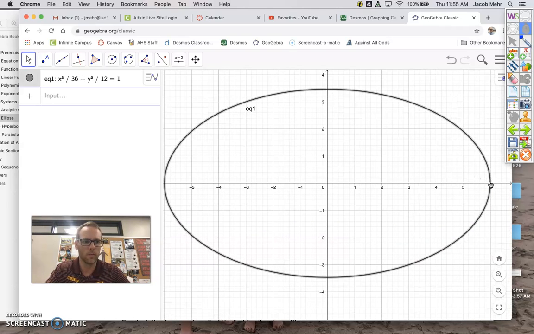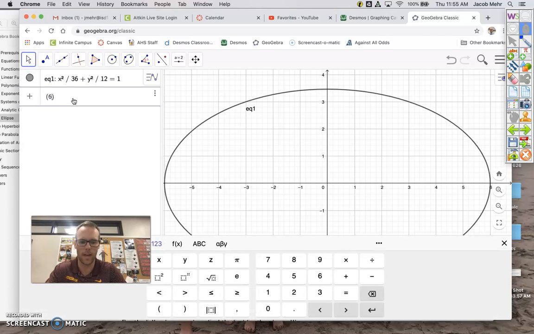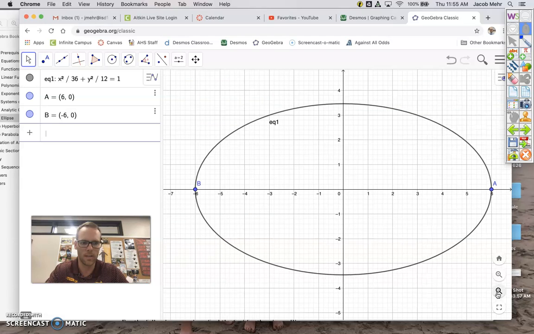Now notice, do we have vertices at 6, 0? There's that one. And at negative 6, 0. We saw those pop up there, blue points on our graph. Maybe I should zoom out just a tad bit more.